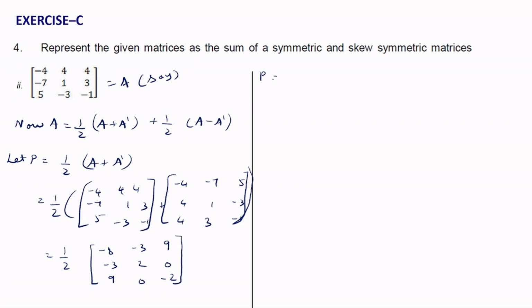So we get P equal to [-4, -3/2, 9/2; -3/2, 1, 0; 9/2, 0, -1]. So this is equal to P transpose, which implies P is symmetric.